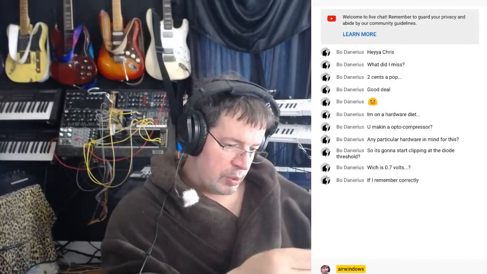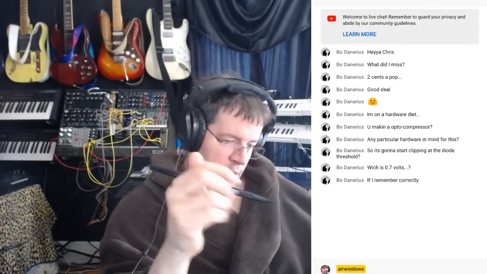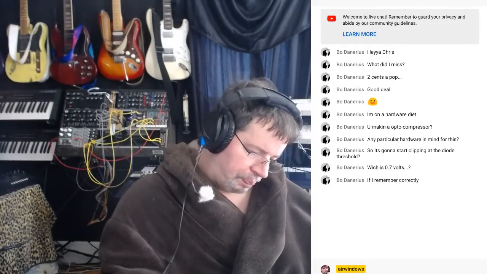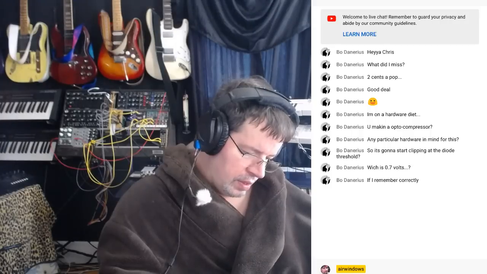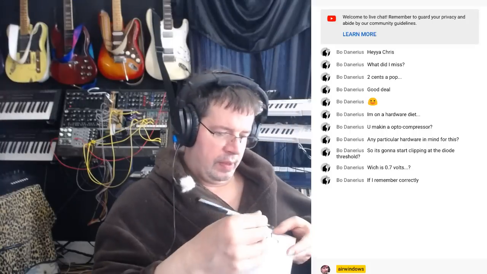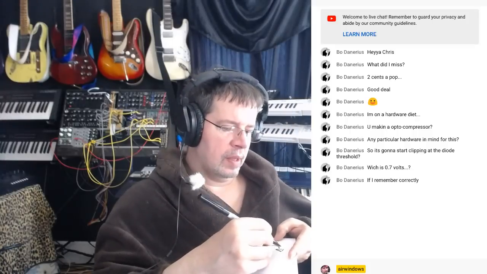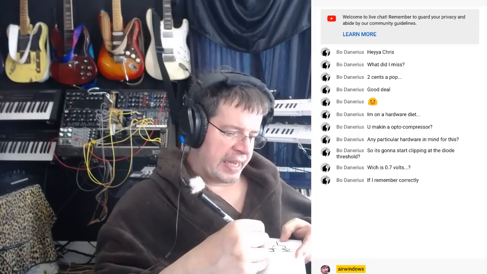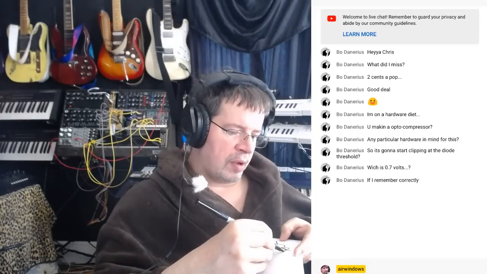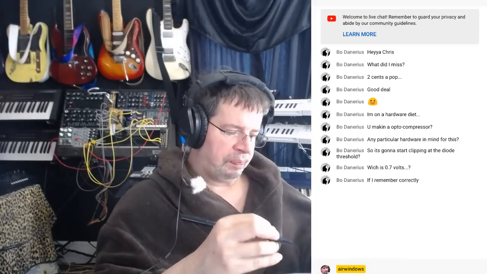So what I ended up doing there with that circuit was this. I've got the input, I've got the back-to-back diodes because I'm trying to make it engage no matter what, whether it's positive or negative voltage.